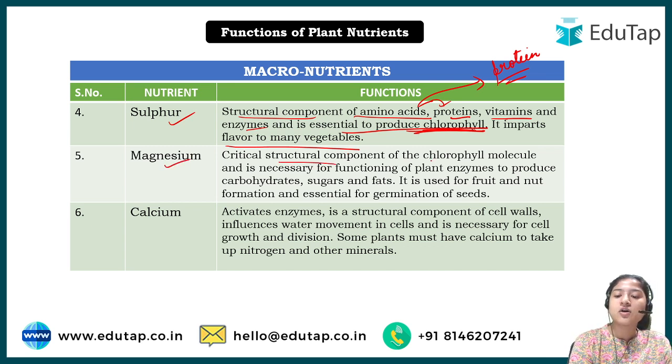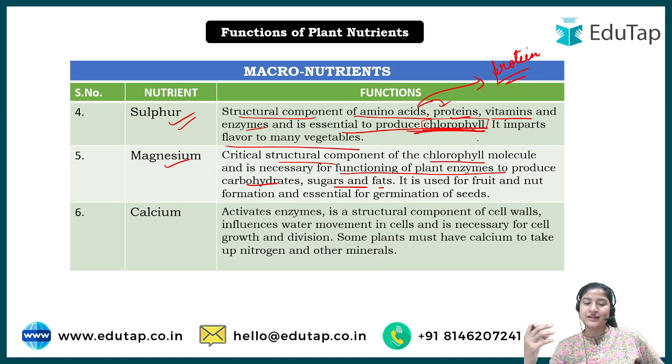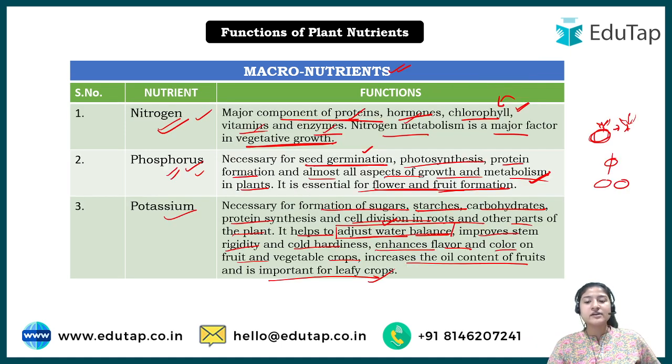Magnesium is a critical structural component of chlorophyll, it helps in chlorophyll formation, and it is necessary for functioning of plant enzymes, carbohydrate, sugar, fat. See, in an examination, if for example sulfur has been asked, that which of the following is essential to produce chlorophyll, they would never do that. They would give sulfur also, and again they would give nitrogen also.